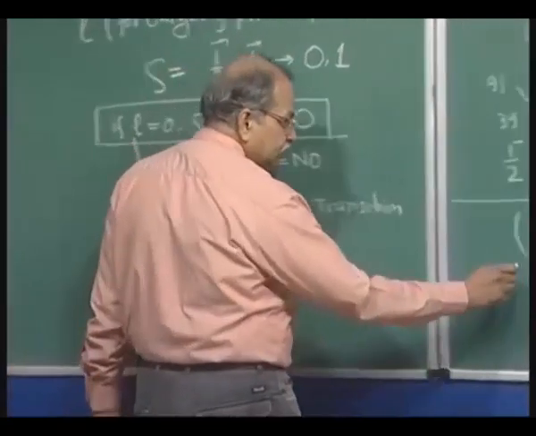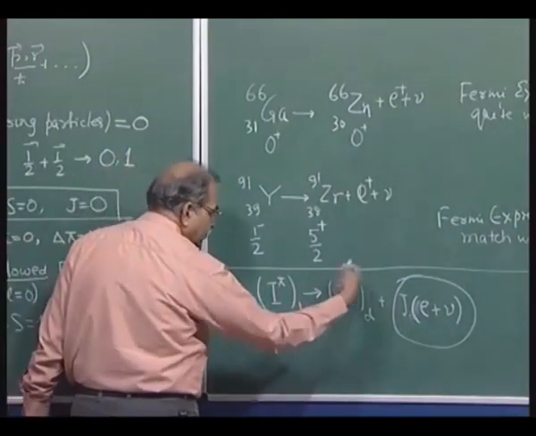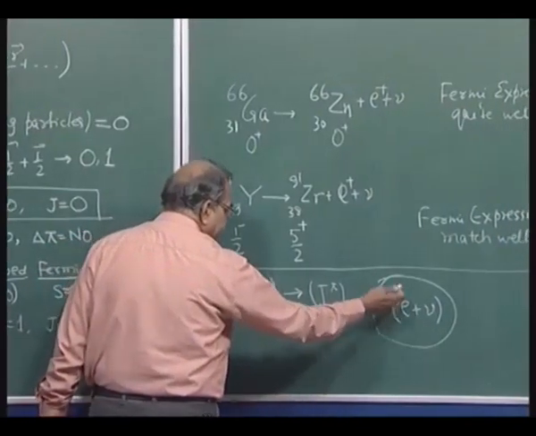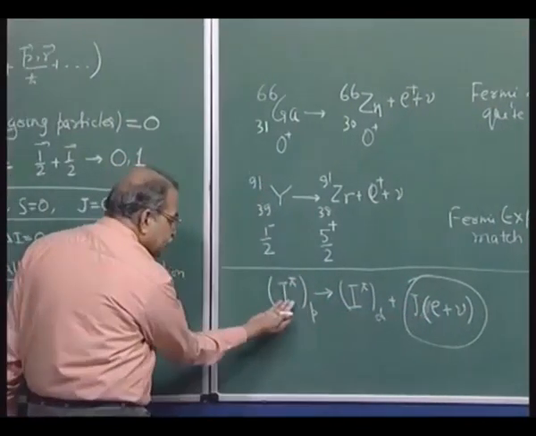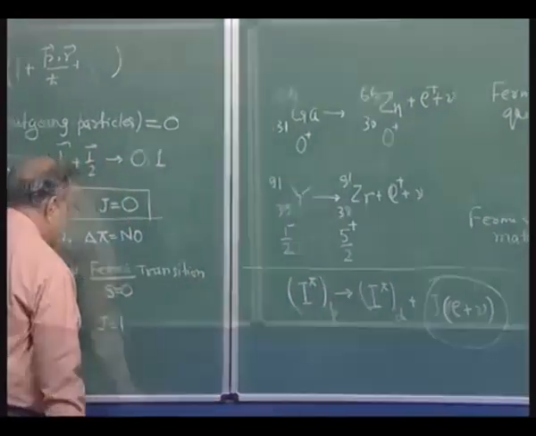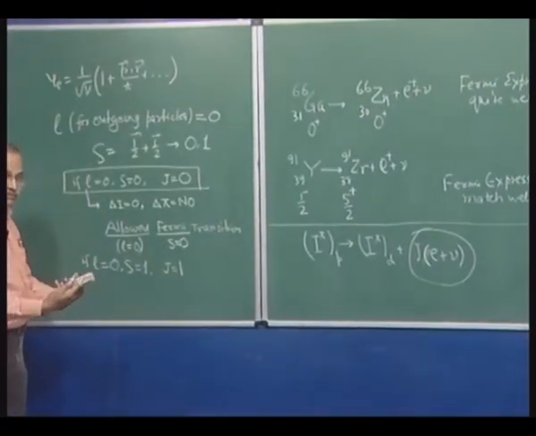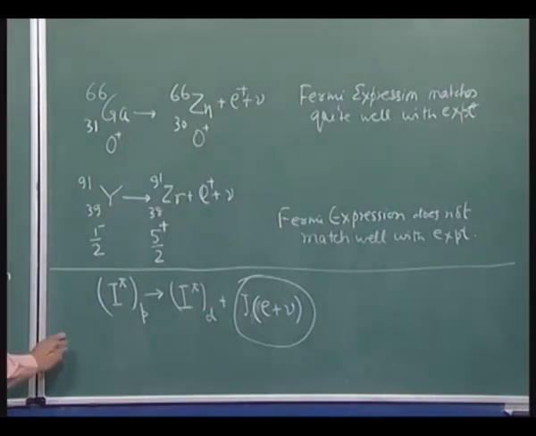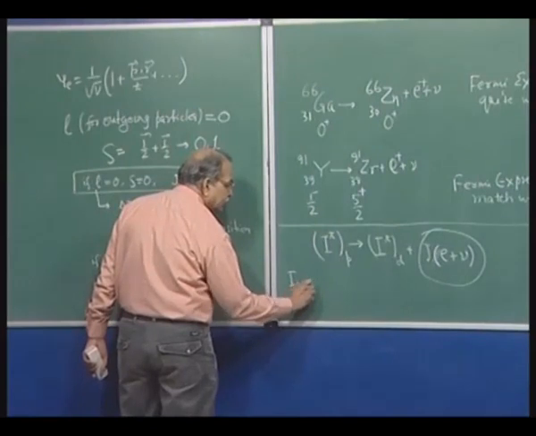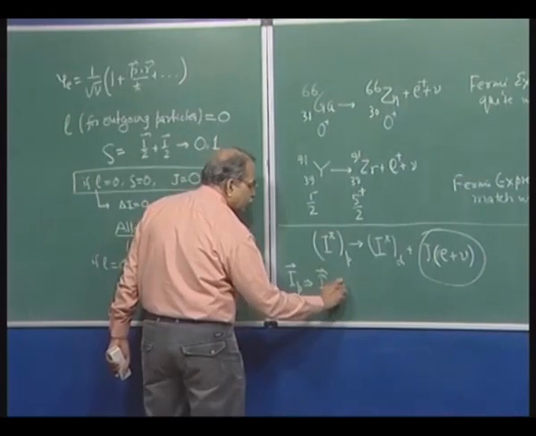Taking the parent nucleus I, and after the decay the daughter nucleus I and then this J, the change from this angular momentum to this angular momentum can be 1 unit or 0 units, because in vector form I p is I d plus 1.